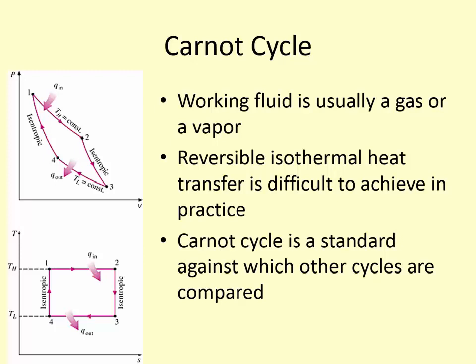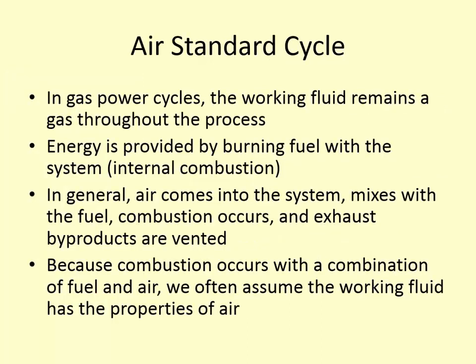So if we're in the total liquid region, or in the total vapor region, or somewhere above the dome, above the critical point, it's really hard to achieve isothermal heat transfer. So again, we're just using the Carnot cycle to compare other cycles. It doesn't work for us for this process design that we're undergoing.